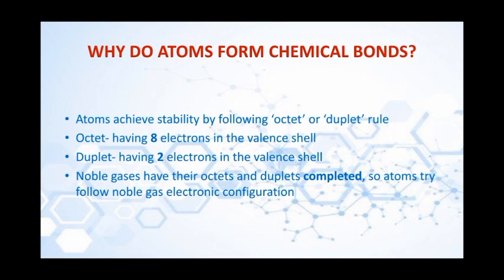Noble gases are the elements in the 18th group of the periodic table, which have their octets and duplets completed. So atoms basically try to follow their electronic configuration. In other words, atoms are following the noble gases as their role models to complete their octets and duplets.